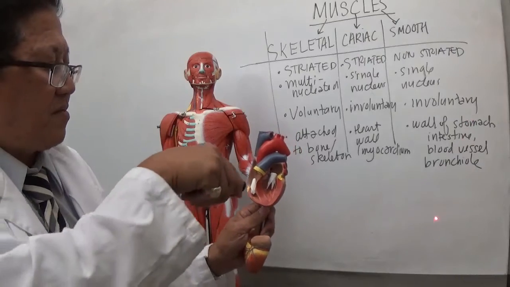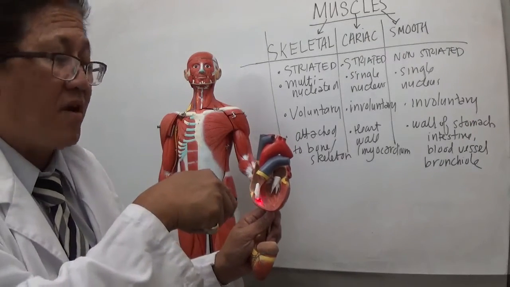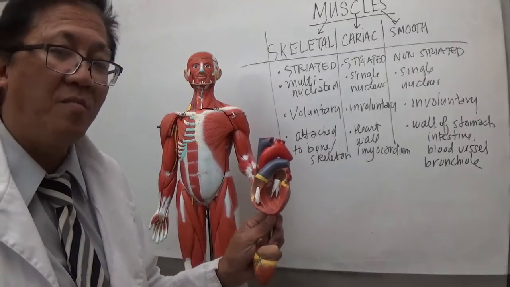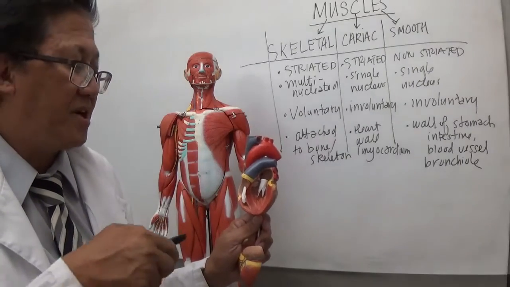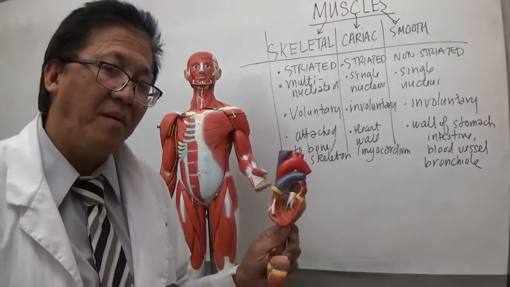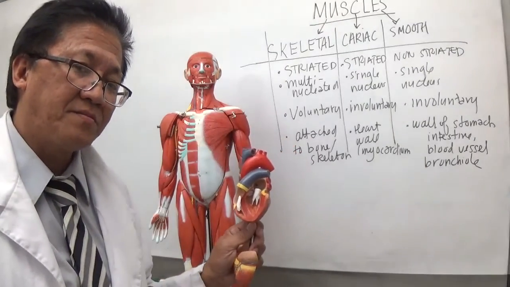So this is the myocardium here, found on the walls of the heart. The word myo means muscle, cardium or cardiac means heart. We know that the heart is a muscular pump, therefore it plays a very important role in doing so.